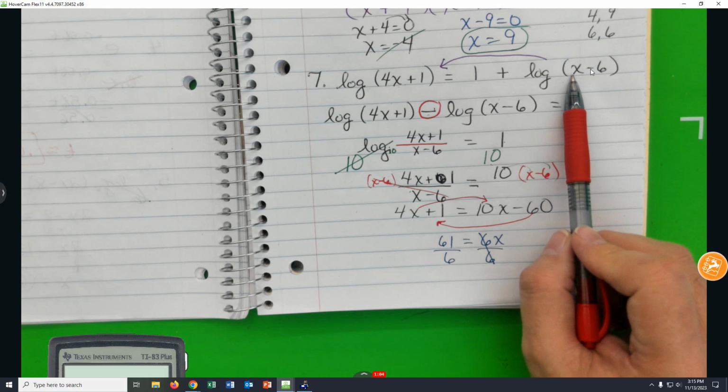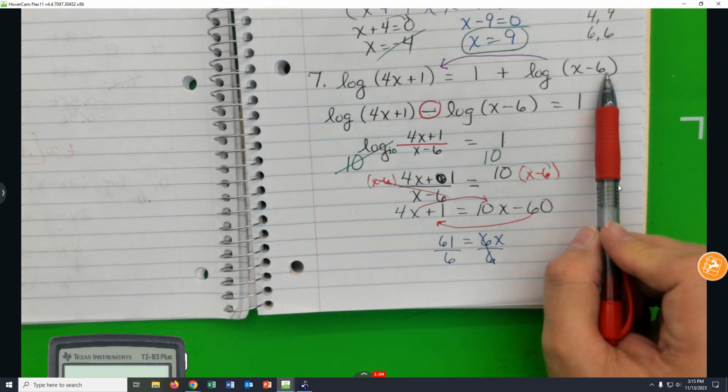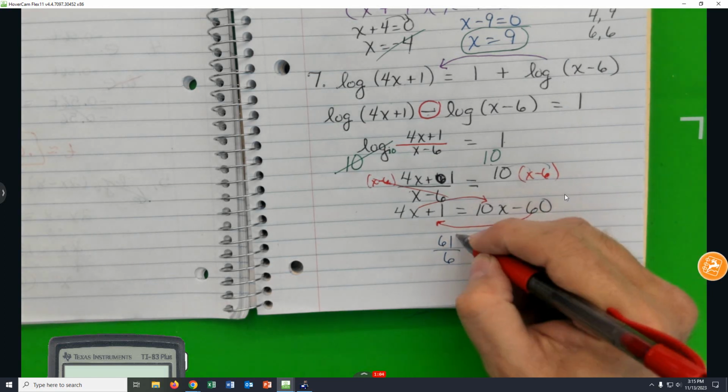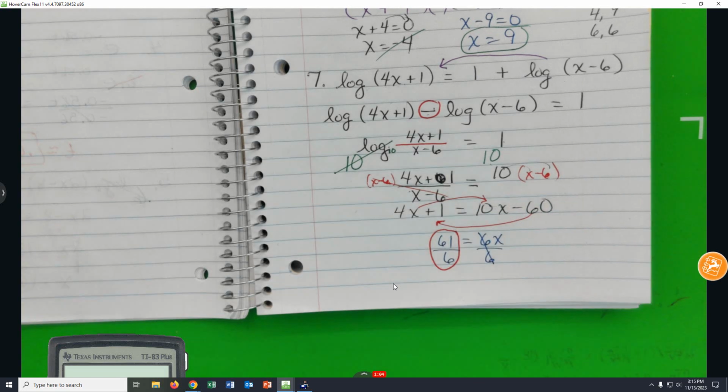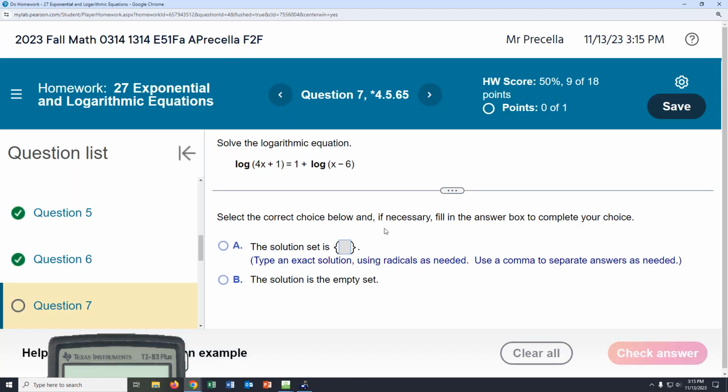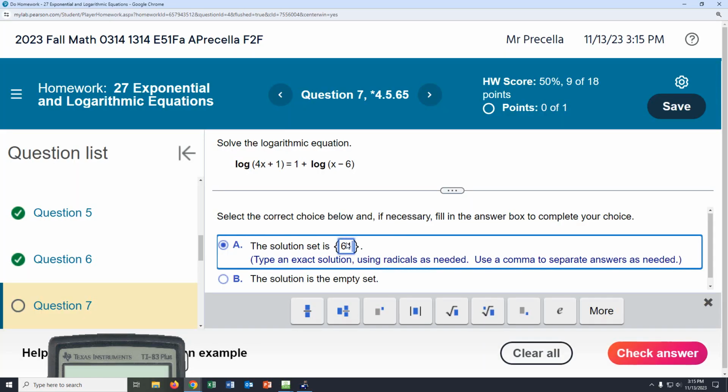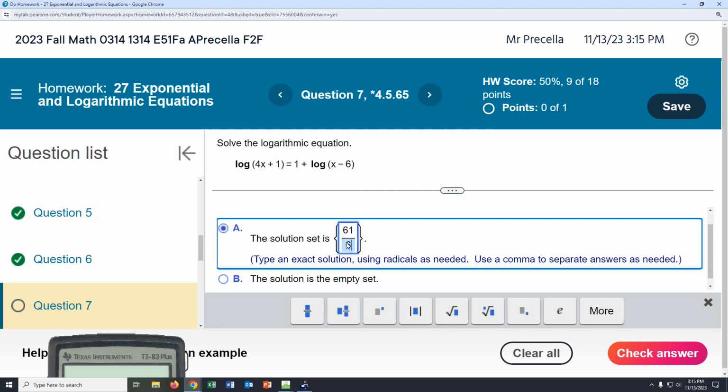What about over here? 10 point something minus 6. Is that positive? So that 61 over 6 is an acceptable solution. The exact value doesn't matter. Just convince yourself that the things after the logarithms are positive. Okay. 61 over 6.